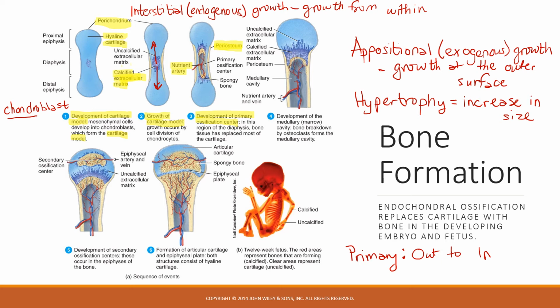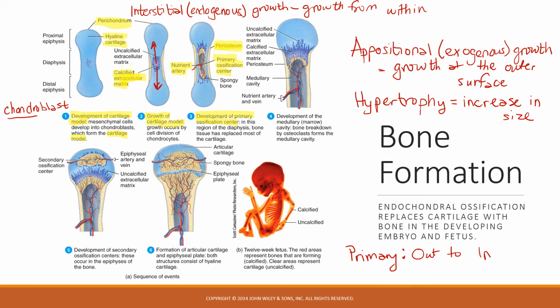Near the middle of the model, periosteal capillaries will grow into the disintegrating calcified cartilage, inducing growth of a primary ossification center. And this is a region where bone tissue will replace most of the cartilage.